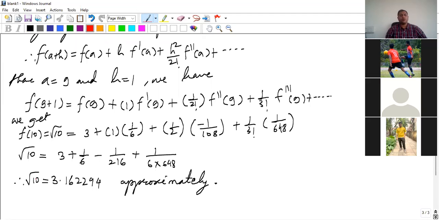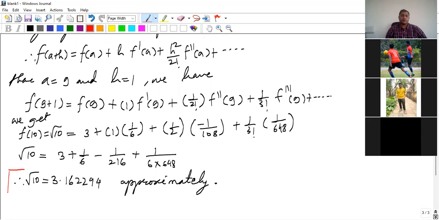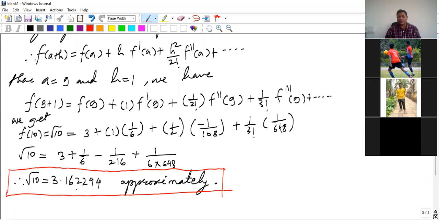Okay. Here we have calculated. Can we use calculator? Yes, you can use calculator, but use it to calculate these values only. If you use calculator and then calculate the value of root 10, it will be different. You can calculate the value of root 10 by calculator, but then this value will be different. Someone please use the calculator and let me know what is the value.